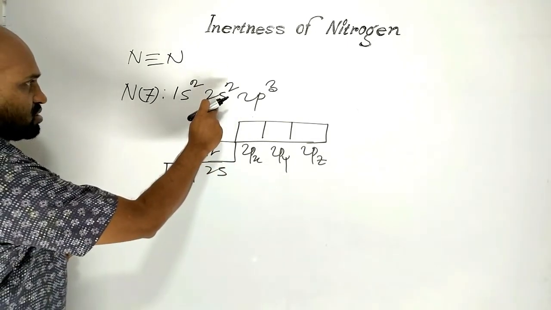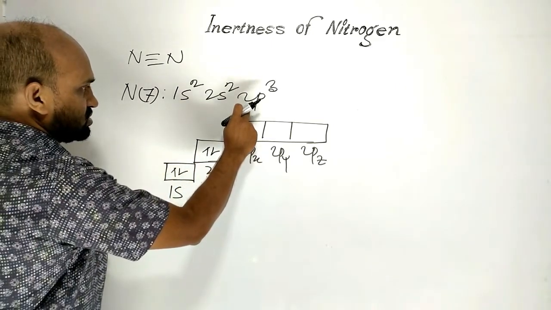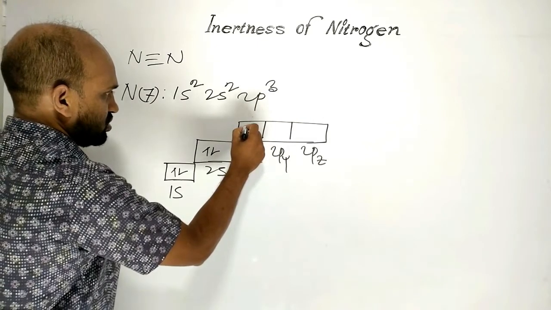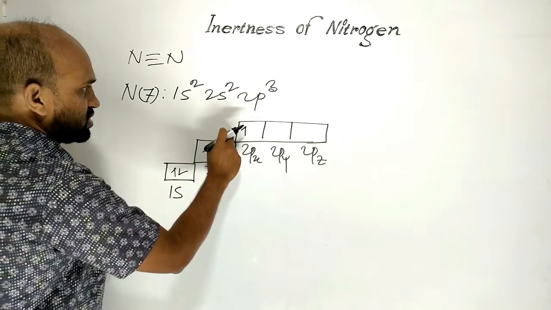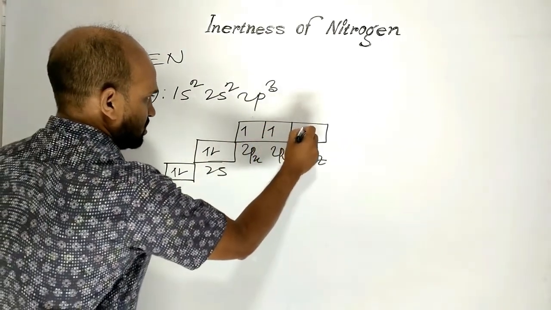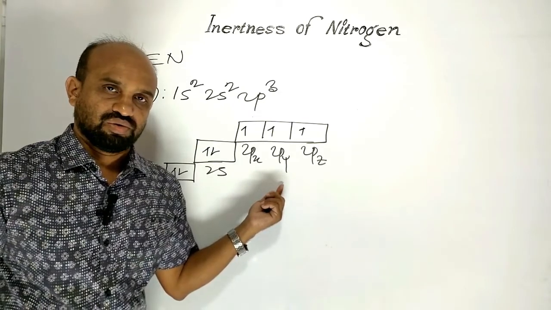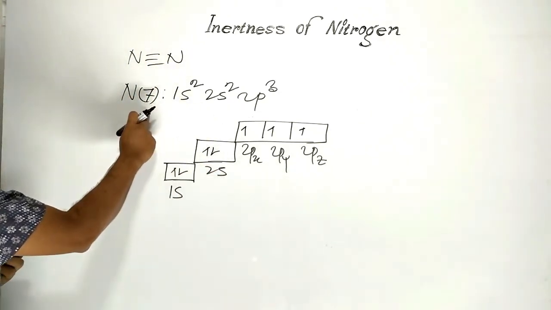The 2s orbital contains 2 electrons and the 2p orbitals contain 3 electrons. According to Hund's rule, electrons will enter the degenerate orbitals one by one. So, this is the electronic configuration of nitrogen.